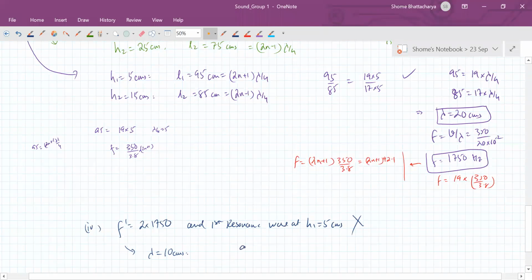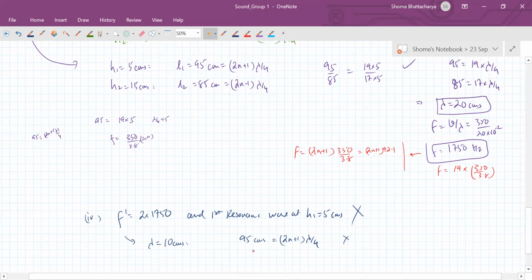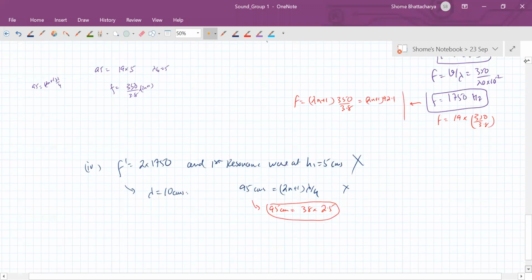Then 95 centimeters should be 2n plus 1 lambda by 4, which will not be the case because 95 centimeters is equal to 38 times 2.5. So this would not give you a resonance of this type.